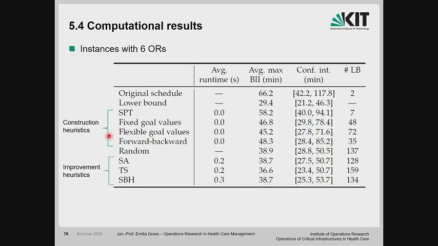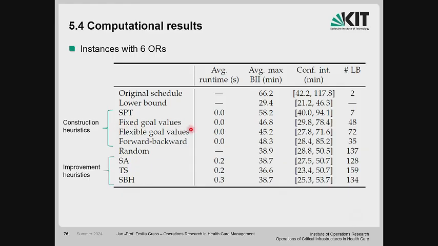If you use some kind of construction heuristic, then you can improve that. If you use the improvement heuristic, you can even improve it to almost half an hour waiting time for the emergency patient, and the lambda is reached many more times, and the fixed goal values could decrease this.